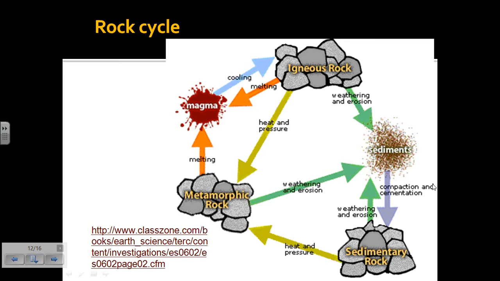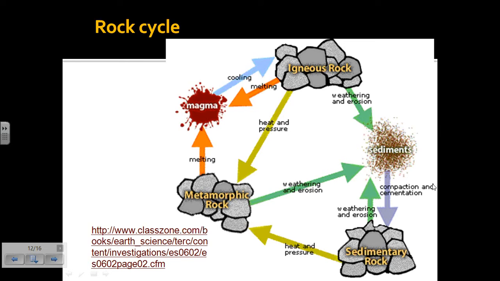Now, looking at the rock cycle as a whole, this cycle is completed by the three types of rocks that I've described, which include igneous, metamorphic, and sedimentary rock. As you can see by the arrows, there are several processes that occur to get from one rock to another.